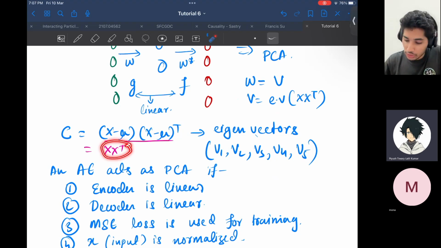In PCA you use the eigenvectors of the covariance matrix to do projection. And what you are getting here, V, is also the eigenvector of X transpose X. So both of these things are the same.